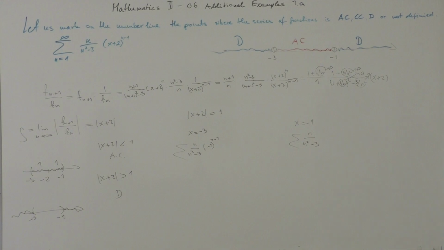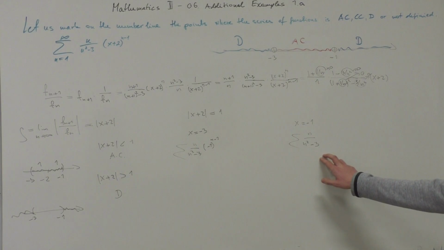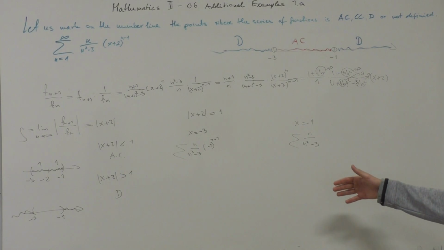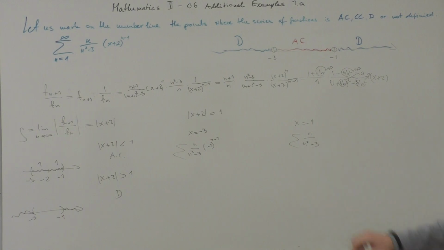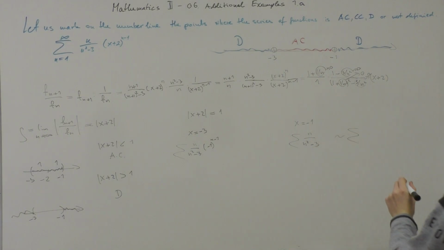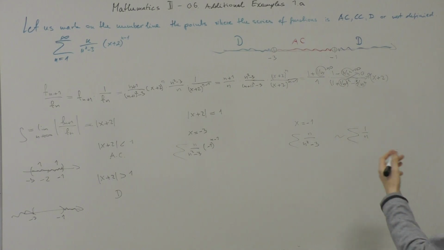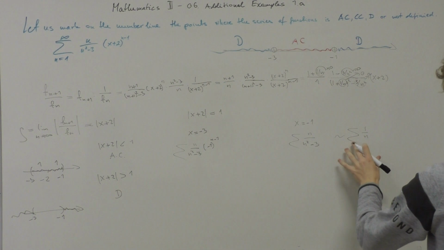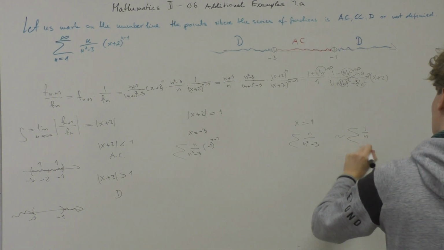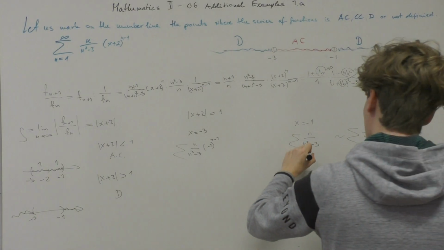And as you can see, this is an alternating series, and this is the absolute value of the alternating series. And that's the reason why we will take a closer look at this one first. So you know that this is similar to previously studied series where we have 1 over n, and from previous studies we also know that this is a divergent series, and because this is a divergent series we know that this must also be a divergent series.